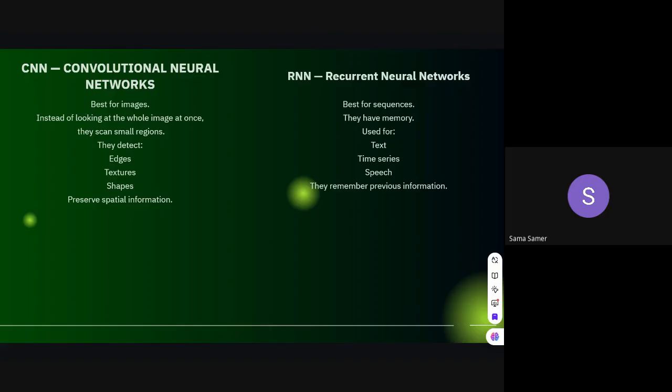So if we have a very big image, we cut this image into smaller squares, and these squares inside the neurons are used to detect the edges, the textures, the shapes, preserving spatial information, and so on, and then all of the image is combined again to make a prediction about it. Then we have the RNN, which is the recurrent neural network. It is best for sequences, and it actually has a memory. It is used for text, time series, and speech, and it remembers previous information.